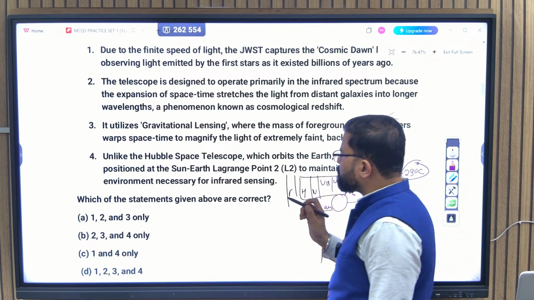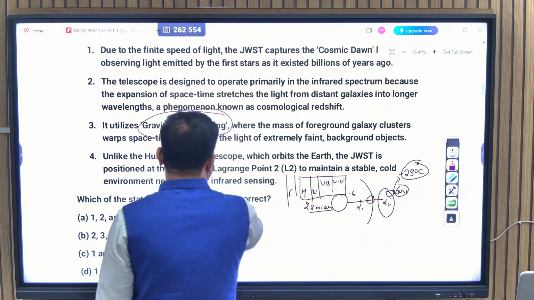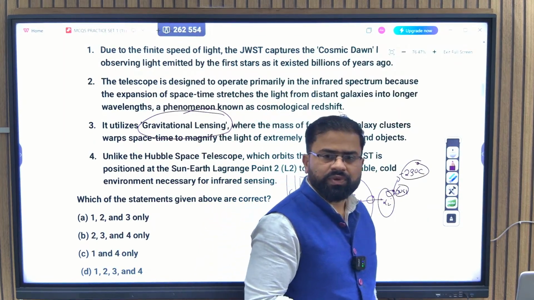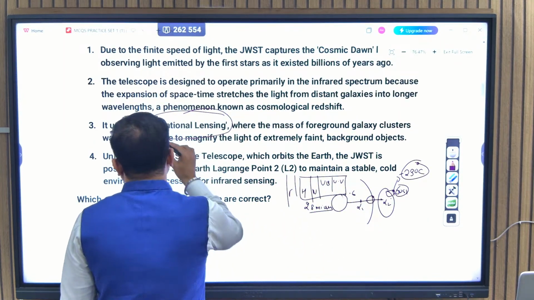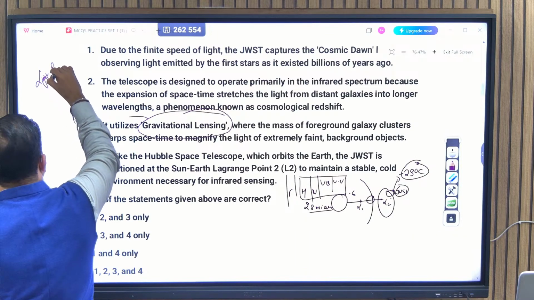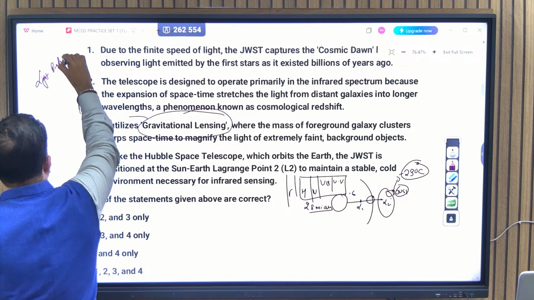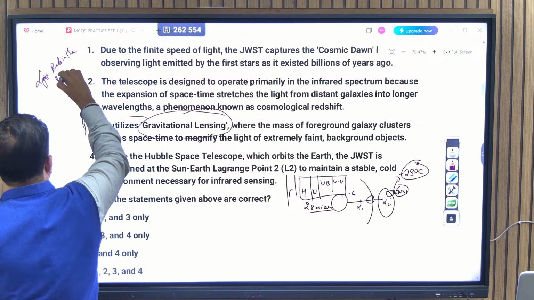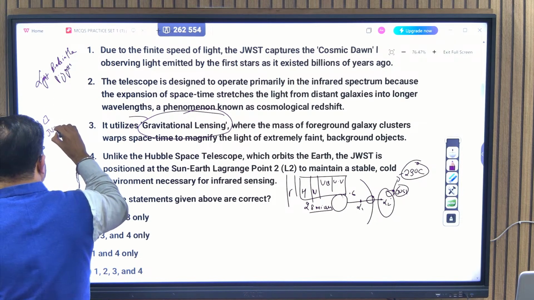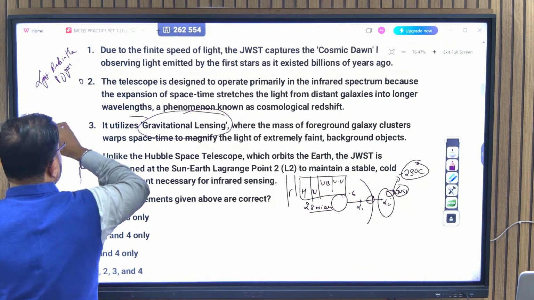And apart from that, we have also discussed the concept of gravitational lensing. Gravitational lensing: light bends in the presence of gravity. For example, this is a James Webb Space Telescope, a space telescope, and this is, suppose, a celestial object, a star.